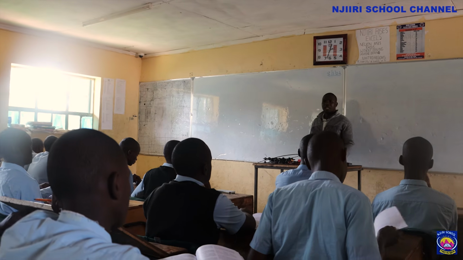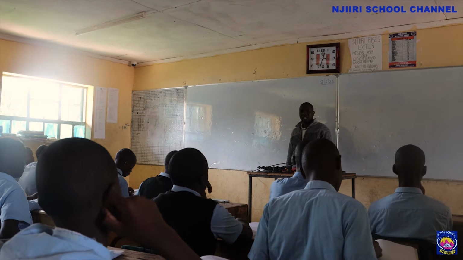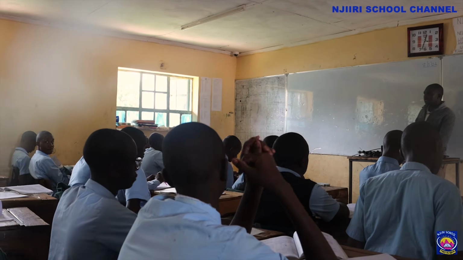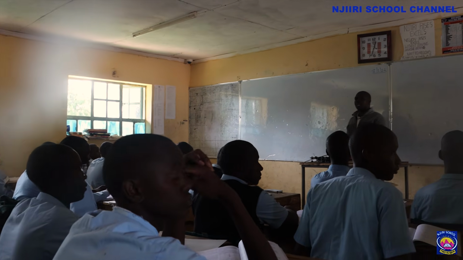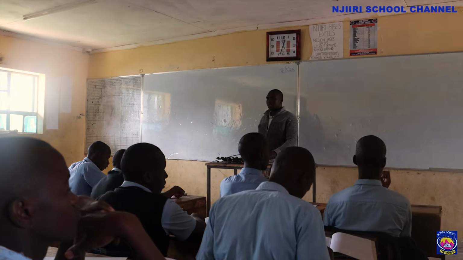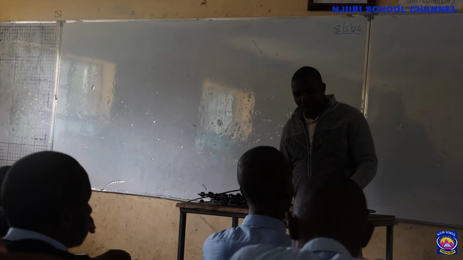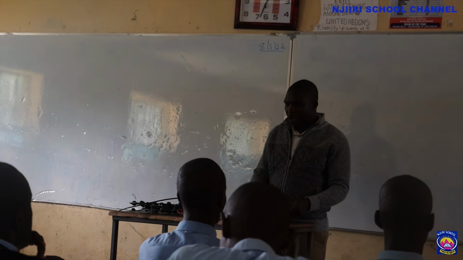Then we looked at the ionizing effect, the penetration power, the decay series, the half-life, and of course the applications of radioactivity. So today we have another topic, and that topic is related to radioactivity.